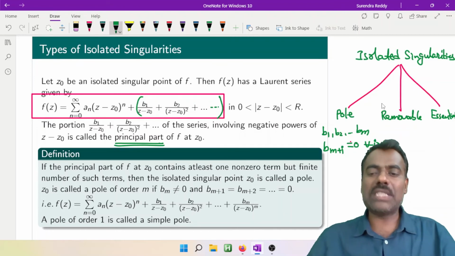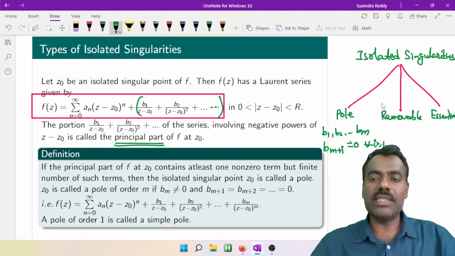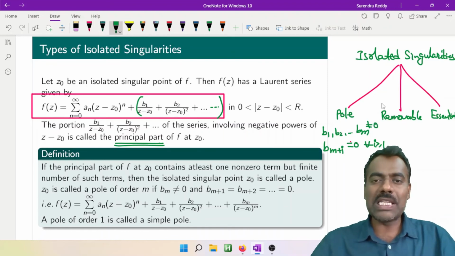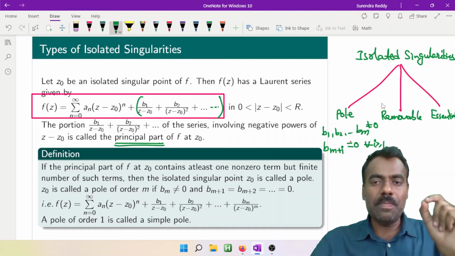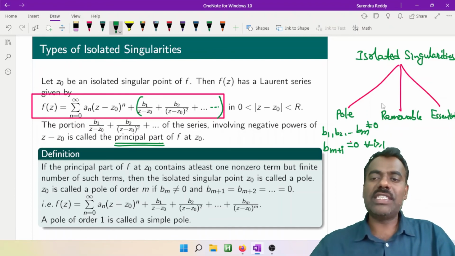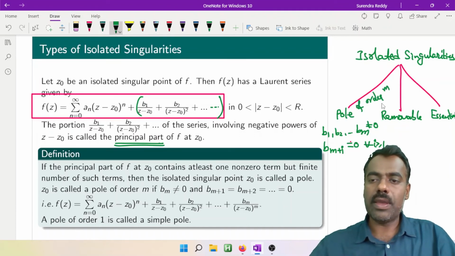That means bm plus 1, bm plus 2 are all 0, but bm is non-zero. Some of b1, b2 up to bm minus 1 may be 0, some may be non-zero, but the moment bm is non-zero, and bm plus 1 onwards they are all 0, then we say that it is a pole of order m.